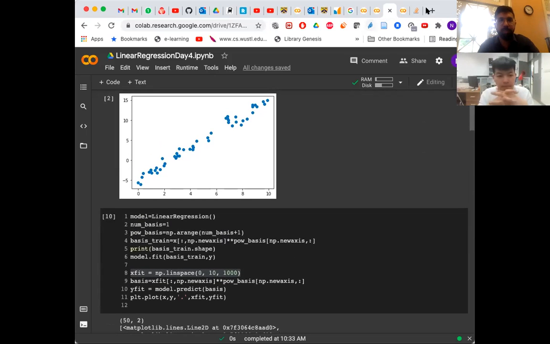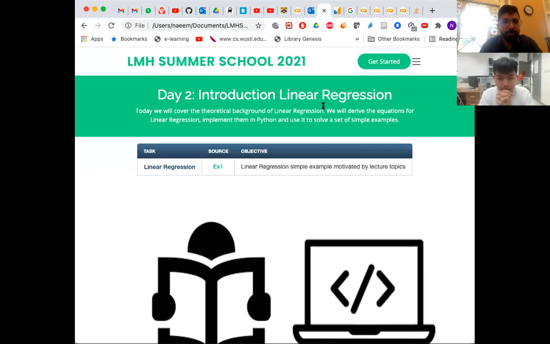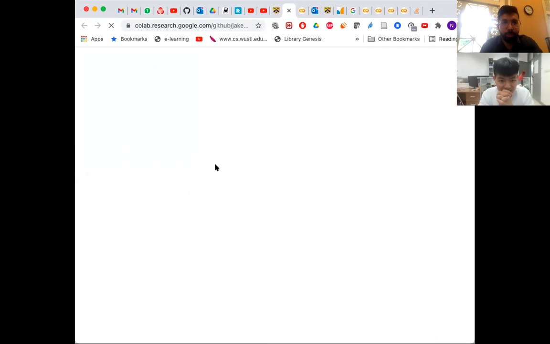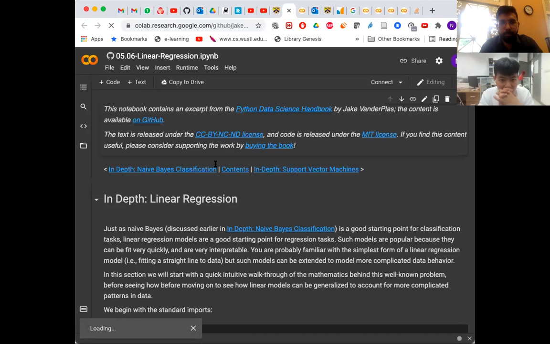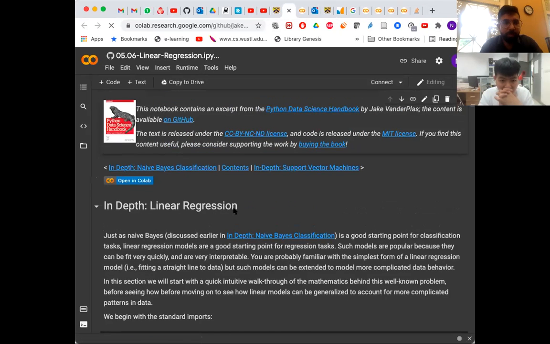Let me just go to the website. Okay, so this is the notebook. This is from the Python Data Science Handbook, a nice book with some very nice exercises.